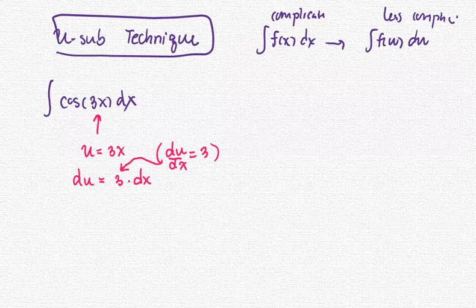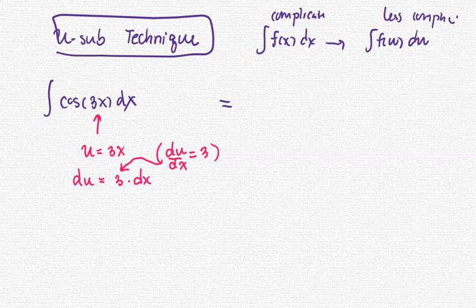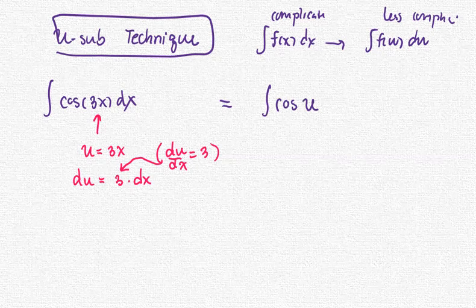So the differential du is the derivative multiplied by dx. And after that, you substitute into the original integral, which means we have the integral of cosine. Now it becomes cosine of the variable u, and the dx is going to be changed in the form of du.